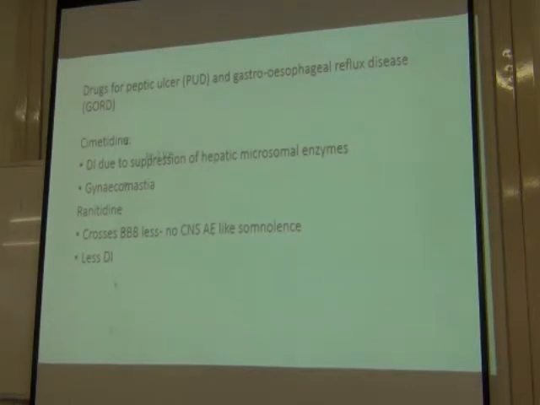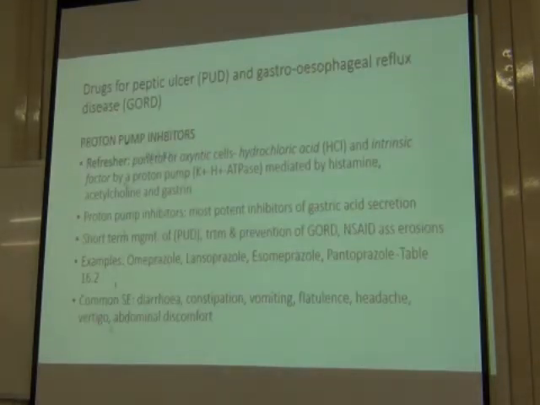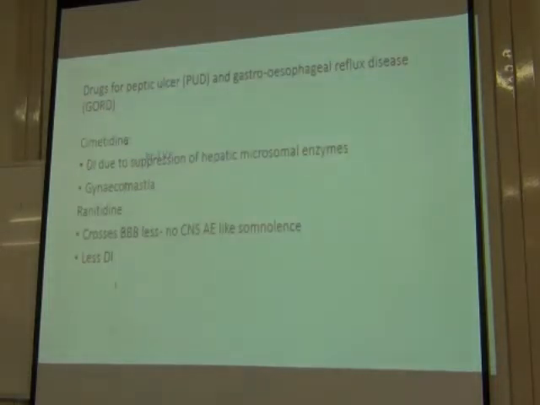So your cimetidine has, let me see, lansoprazole, omeprazole. Did we see drug interactions with lansoprazole and omeprazole? Okay, so your ranitidine and cimetidine have very large drug interactions with other drugs.